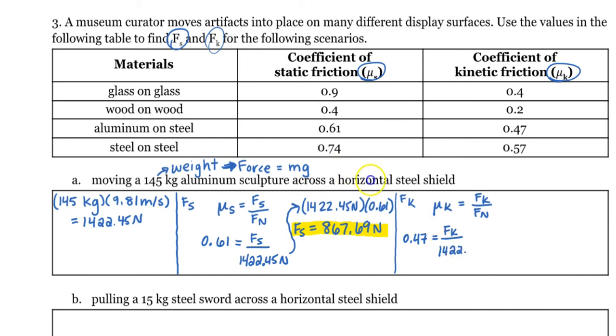The normal force is the same thing from the previous part. When we rearrange the equation, 1,422.45 times 0.47, we get the final answer of 668.55 newtons.